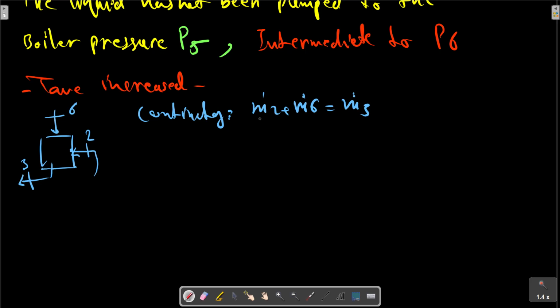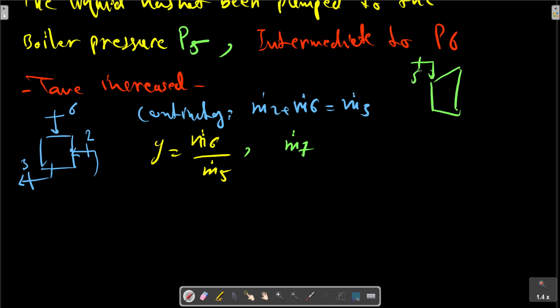The continuity equation says that m dot 2 plus m dot 6 equals m dot 3, satisfied with the extraction fraction y as m dot 6 over m dot 5, where m dot 5 is entering the turbine. For the turbine, m dot 5 equals m dot 6 plus m dot 7, and m dot 7 equals m dot 5 times one minus y, which is also m dot 1, m dot 2.